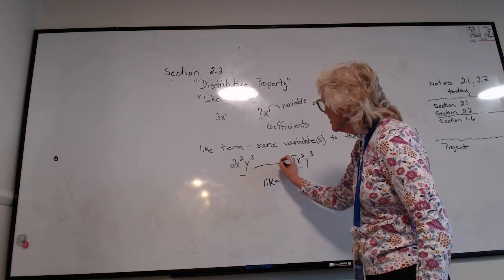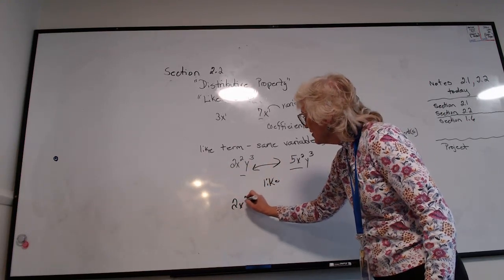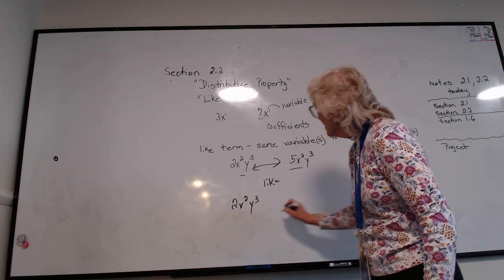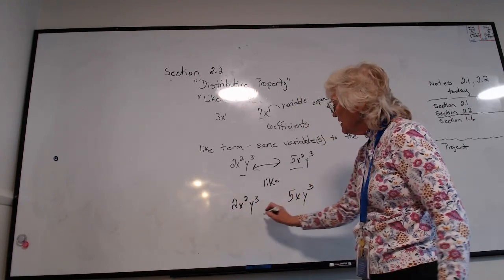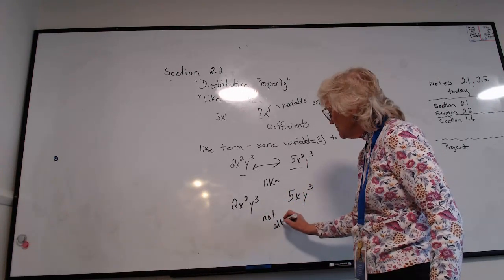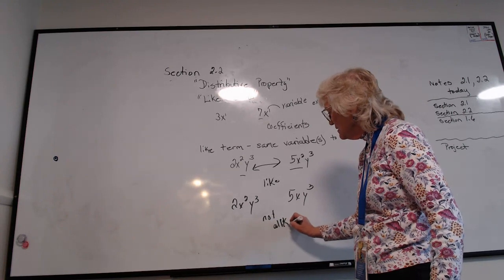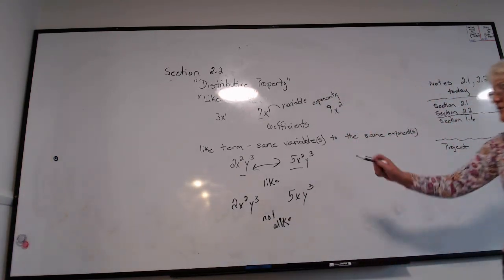But if I had 2x squared y to the third and 5x y to the third, these are not alike. Whoops, I can't spell. That's an I, alike. Okay? Why are they not alike?